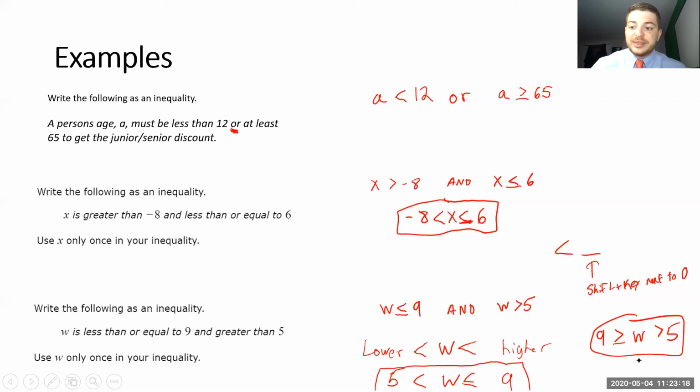So if you wrote it like this, it would be accepted, as long as you have a 9 over here, the greater than or equal to sign is on that side, and the 5 is on the other side. The order only matters with your inequality sign. Like I said, these are both correct answers.